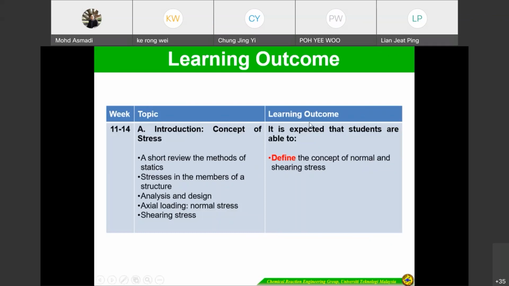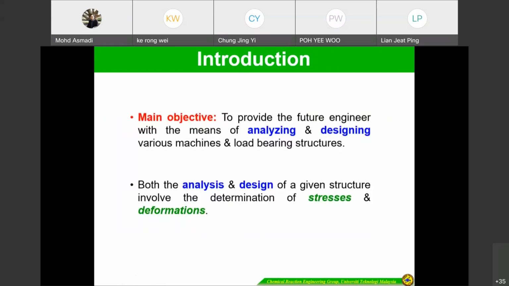The main objective of this course is to provide the future engineer with the means of analyzing and designing various machines and load-bearing structures. We can see these in our daily life, like machines and load-bearing structures such as a truss.